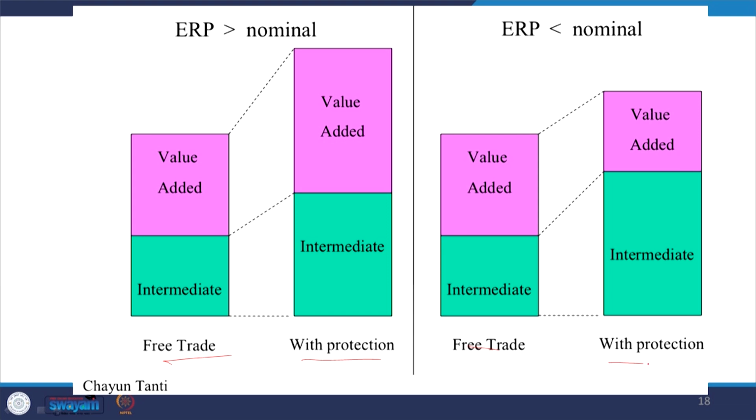Here also we are comparing free trade with protection. Now, look at the change here; the change is very small, whereas the value added is much higher. So, when the value added is much higher as against the intermediary values, the effective rate of protection is much higher than the nominal rate.